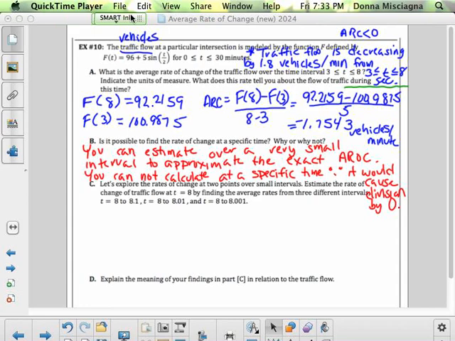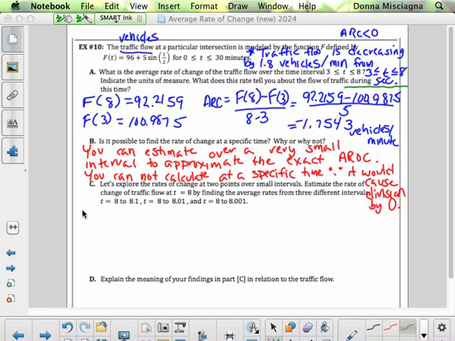Plus, our goal is to explore what happens to the average rate of change as those values of t are getting closer and closer to one another. Because 8 and 8.001 are closer than 8 and 8.1. The first, 8 and 8.1, differ by 1/10. 8 and 8.001 differ by 1/1000th. All right, so they're quite closer.